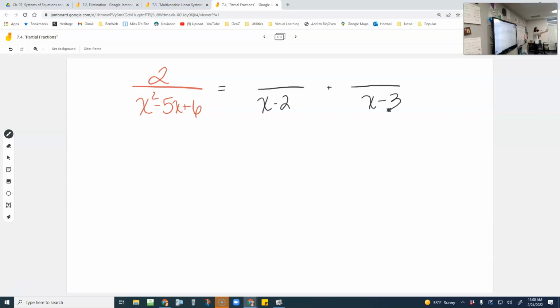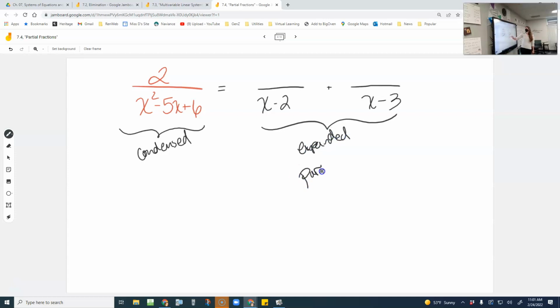Do you remember the math words for those with exponentials and logs? Expand and condense. This is a condensed rational function. This is an expanded sum of its partials.